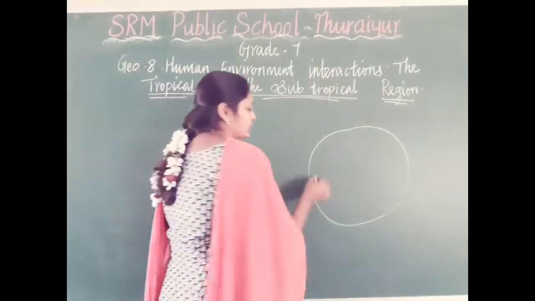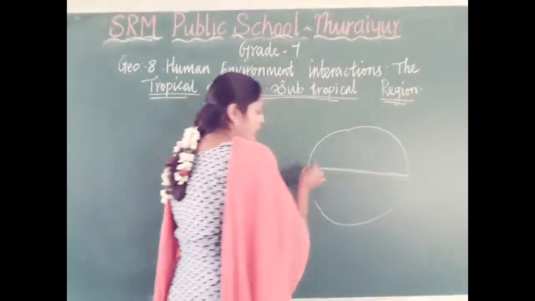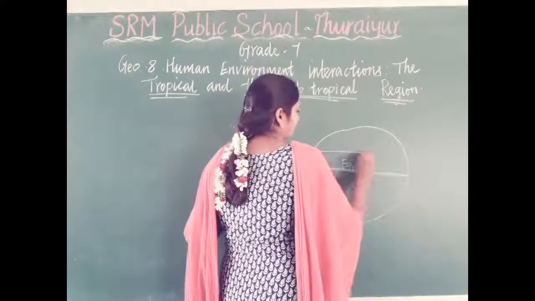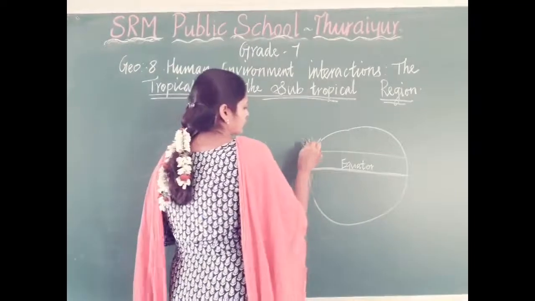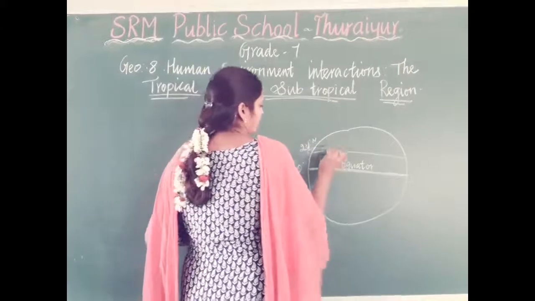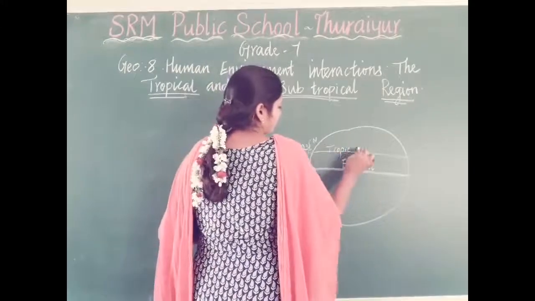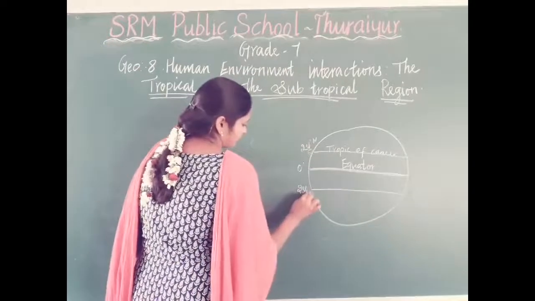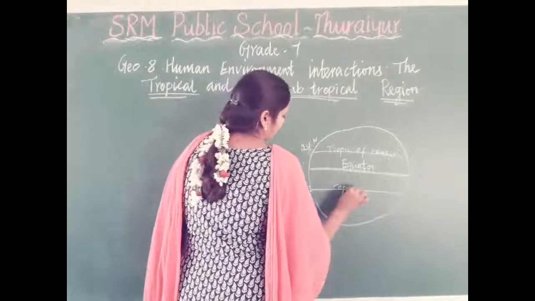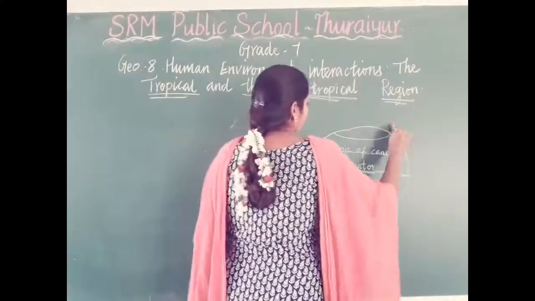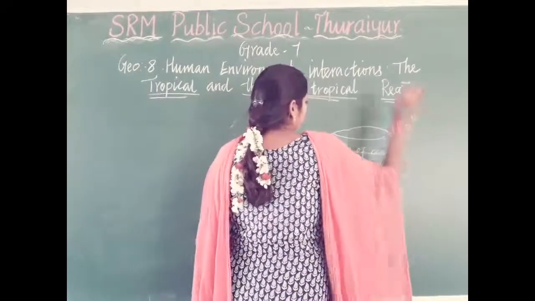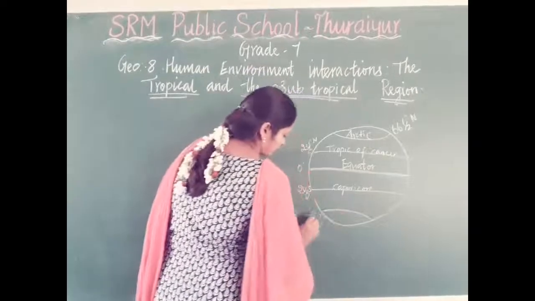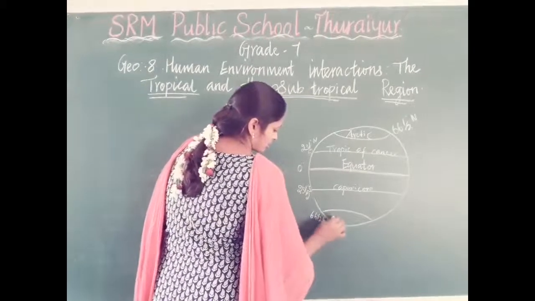When we discuss latitude, the 0 degree latitude line is called the equator. 23 and a half degrees north is the Tropic of Cancer, 23 and a half degrees south is the Tropic of Capricorn, 66 and a half degrees north is the Arctic Circle, and 66 and a half degrees south is the Antarctic Circle.